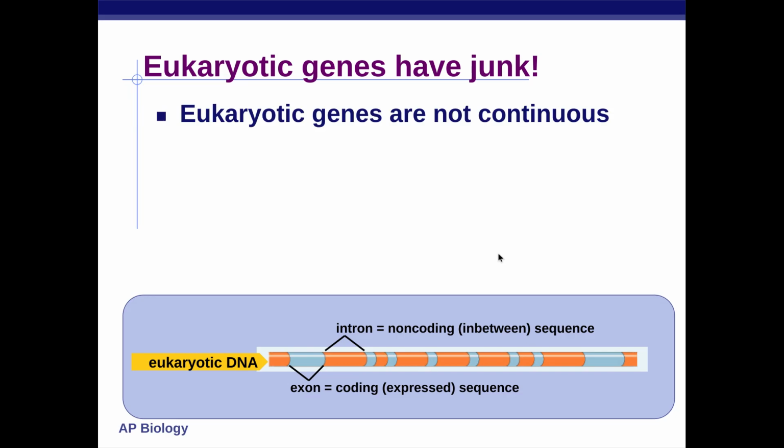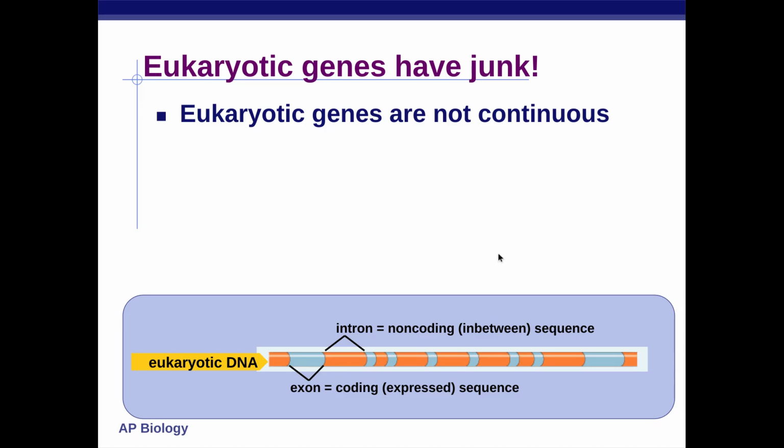Now, one of the things we need to see is that there's a primary difference between eukaryotic and prokaryotic genomes. Eukaryotic genes have junk in them. When I say junk, I mean sequences that are not used, that are not finally made into protein. So if you look at the chromosome, for example, of a human, which is millions of bases long, the genes are very short.